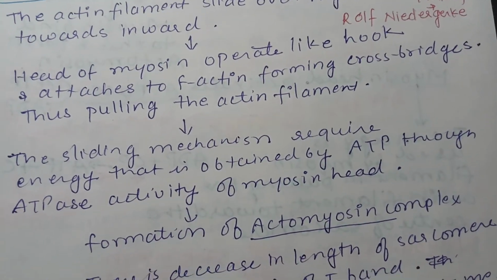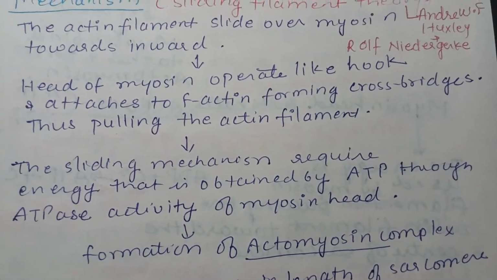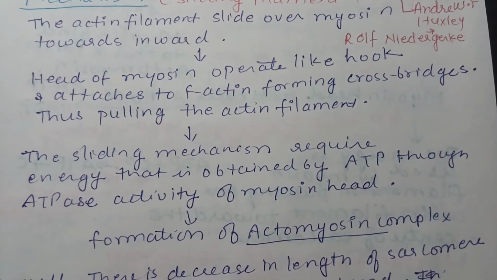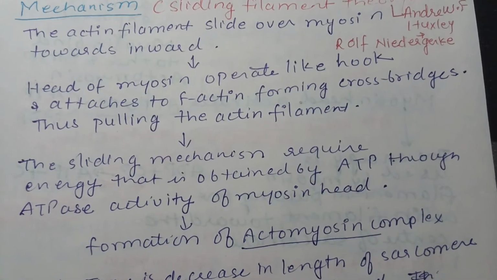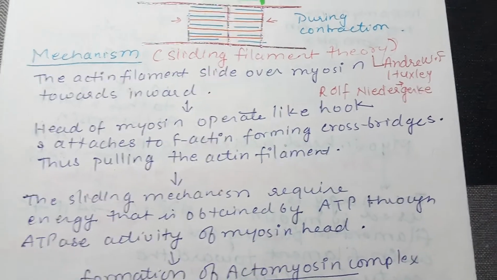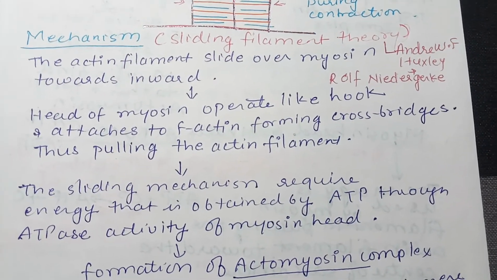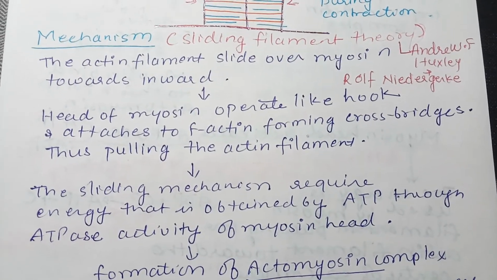So when the myosin binds to the actin, let me give a recap of how the binding occurs. The myosin head has ATPase activity, and it also has the active site to bind to F-actin. When it binds, energy is required, and the myosin head releases this energy because it has the enzyme ATPase.